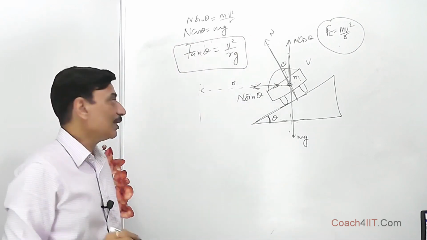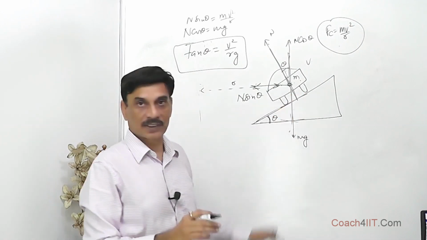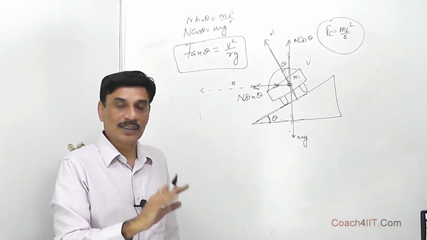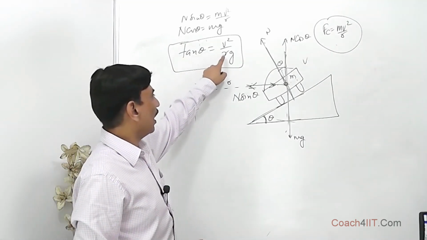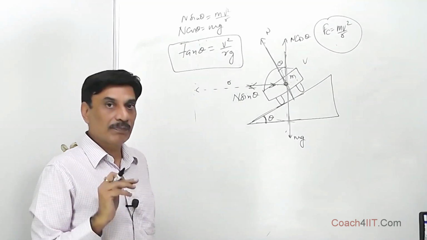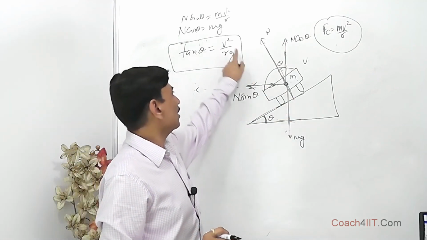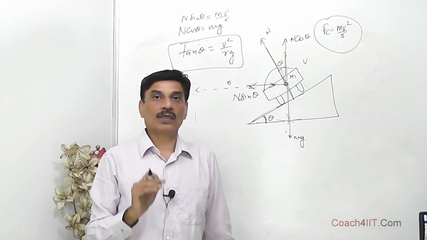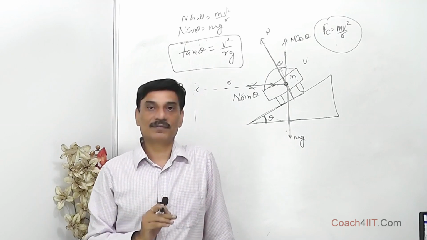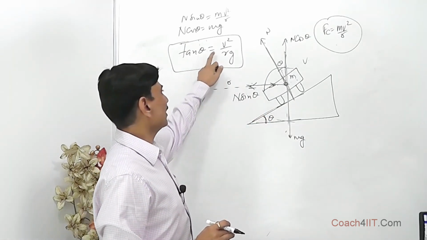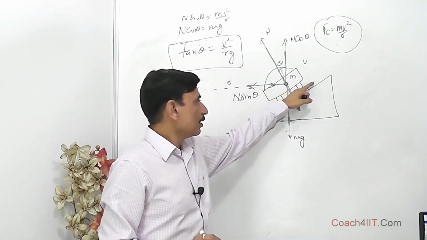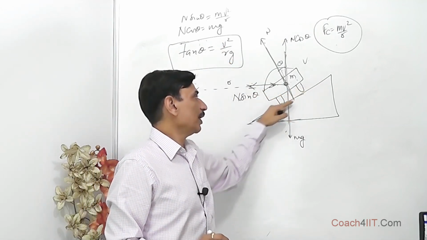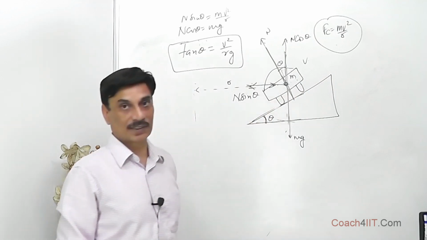So now we see that theta of the road is fixed. It cannot be changed time and again. Once the road has been made, theta is fixed, r is fixed, g is fixed. It means this banking is done for a particular value of speed. If tan theta is equal to v square upon rg, for this velocity the driver doesn't have to make use of any friction force along this direction.